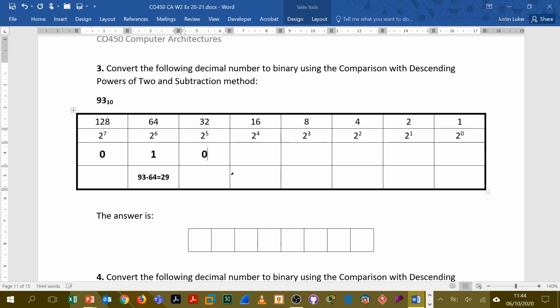So 32 isn't going to fit in that one, but 16 will.